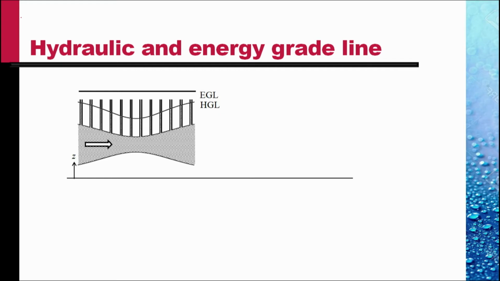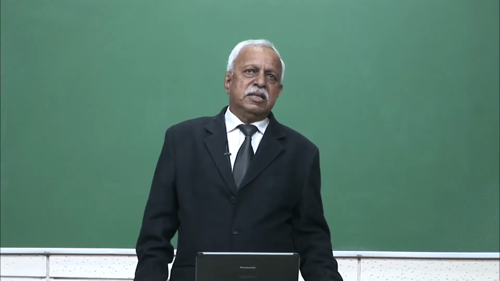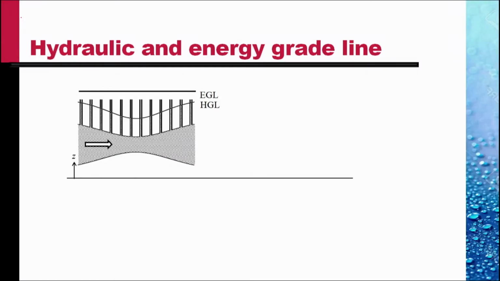So the variations in this case are only in the hydraulic grade line. The energy grade line is constant. An interesting property is that both the hydraulic grade line and the energy grade line do not depend upon the inclination of the channel.